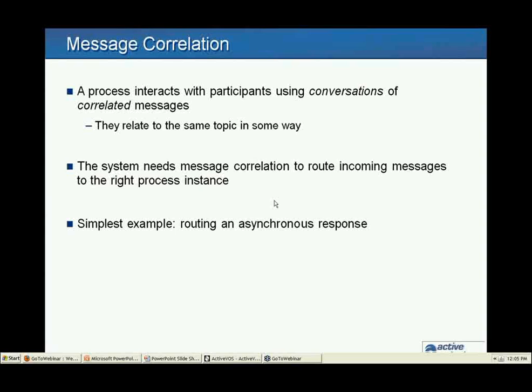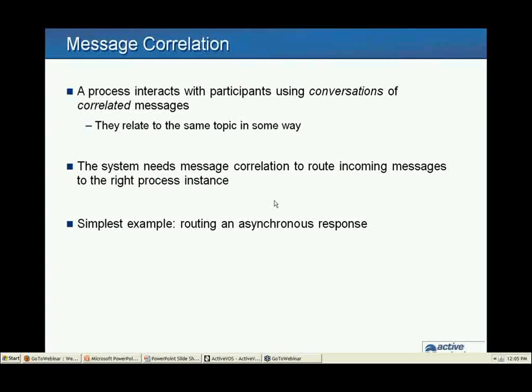First of all, message correlation has to do with the fact that a business process interacts with the services and people that it works with using a conversation of correlated messages, meaning messages that are related in some way.